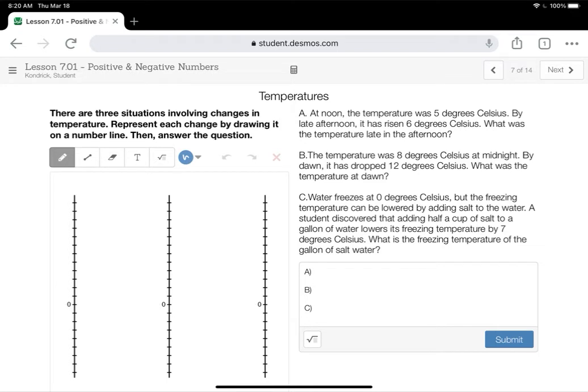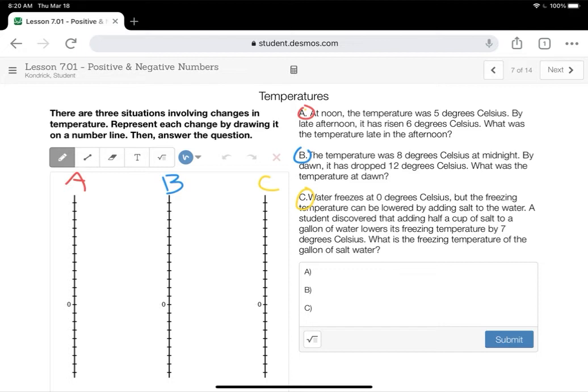So let's do a little bit of practice. Here there are 3 situations involving temperature. Represent each by drawing it on a number line and then answer the questions. So take some time right now to make sure on your Desmos you also label these A, B, and C. And you can connect them again with A, B, and C. So at noon, the temperature was 5 degrees Celsius.